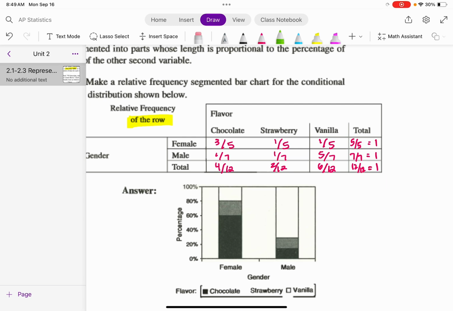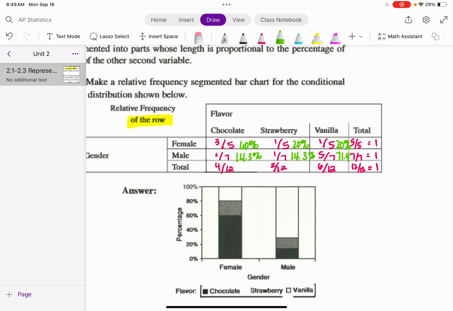Again, I can assign decimals or percentages to these. 3 out of 5 is 60%. 1 out of 5 is 20. 1 out of 7 is 14.3%. Okay, I'm just going to do those percentages because that's what I'm seeing in my segmented bar chart.